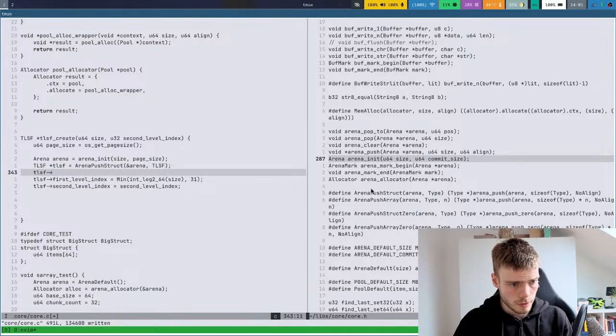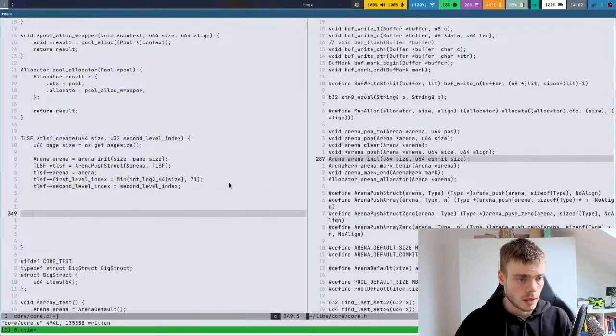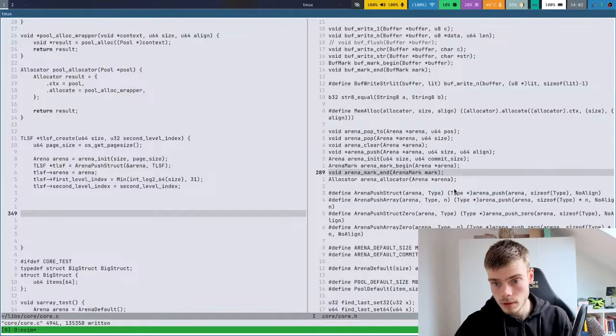We say TLSF arena, arena. And now we have to push some things, right?